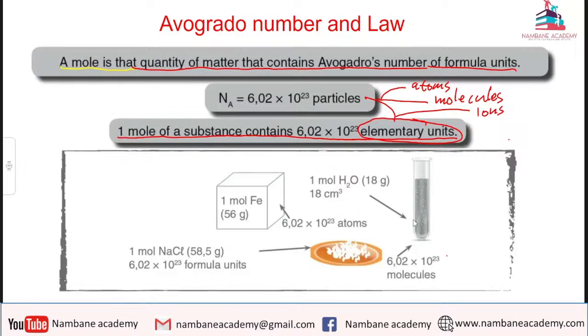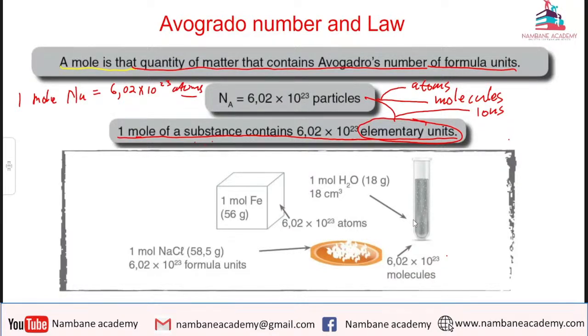If that is 1 mole of sodium, which is an element, it will mean it is equal to 6,02 multiplied by 10 to power 23 atoms.